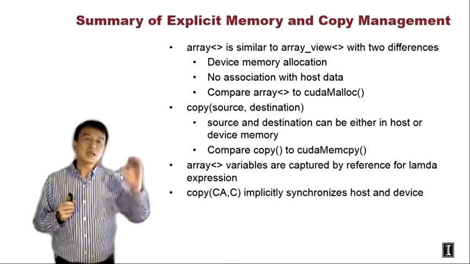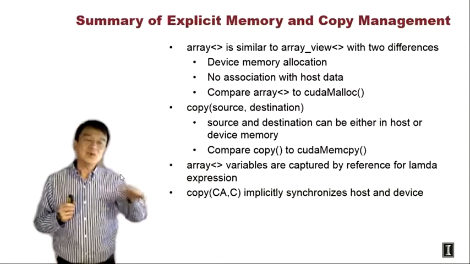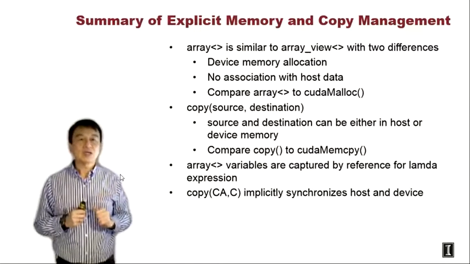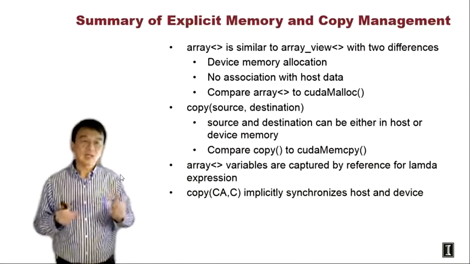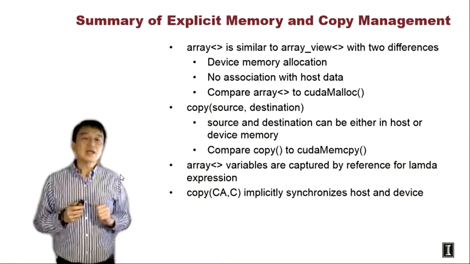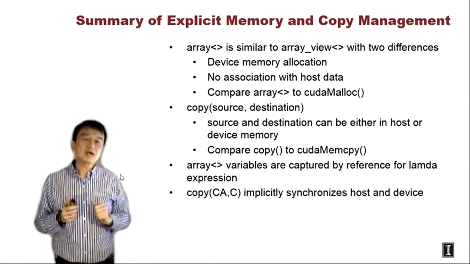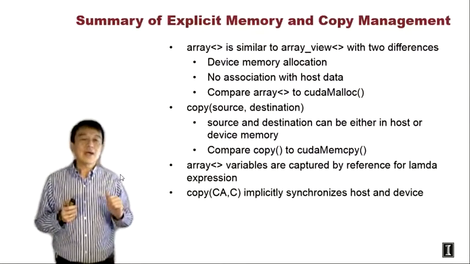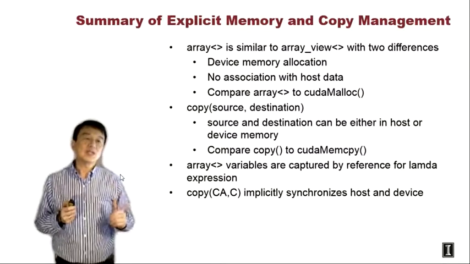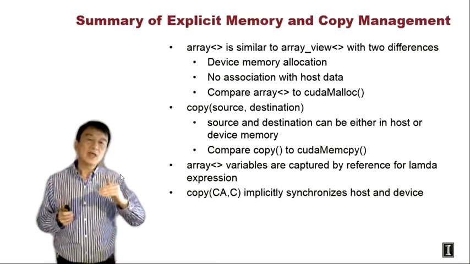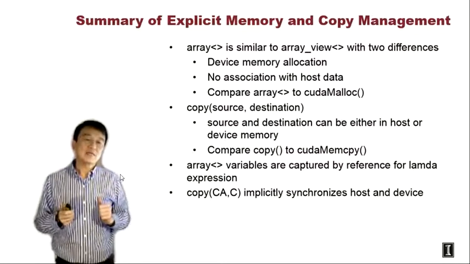So that's why the host code is passing the pointers to these device-allocated memory variables into the parallel for each construct. Then, in the end, when we have an explicit copy of C array back to C, we actually implicitly synchronize host and device. That's why the host will automatically wait for the completion of the kernel and copy the data structure back.